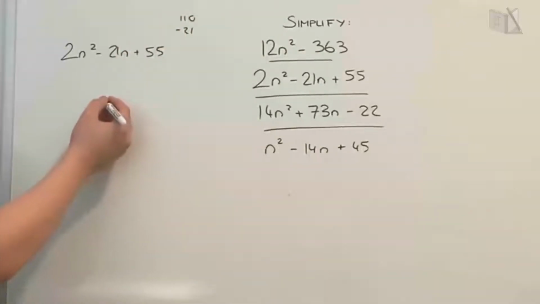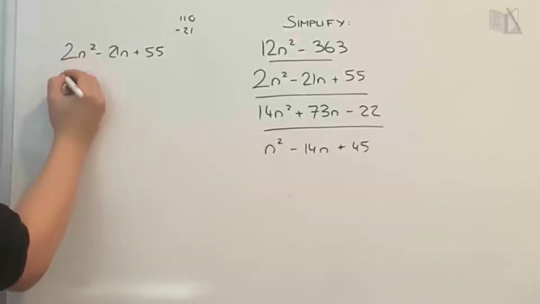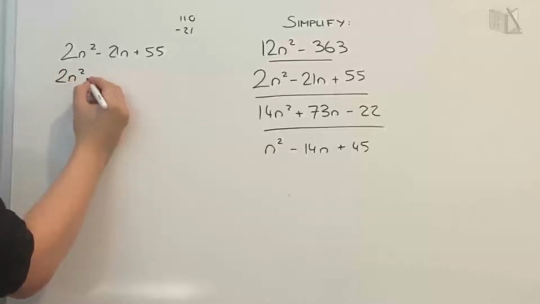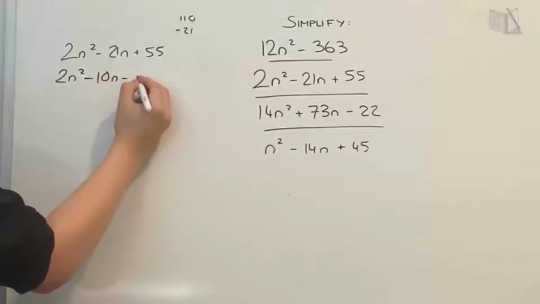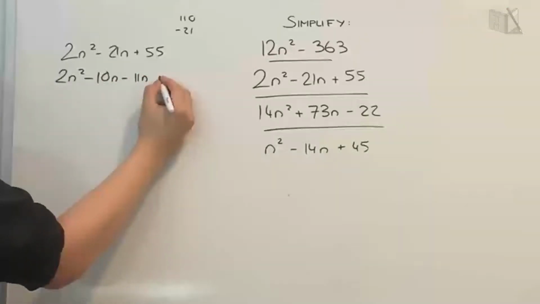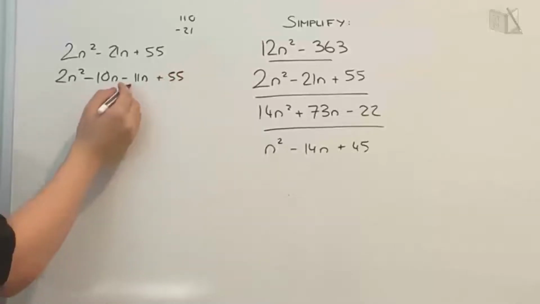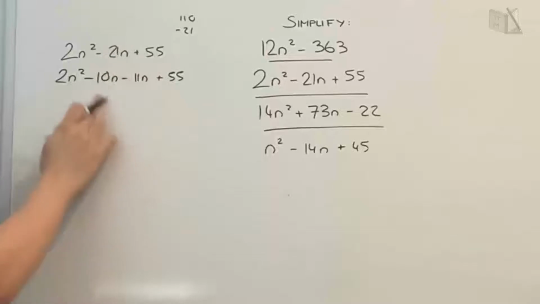I think the numbers we're looking for are minus 10 and minus 11, so I'm going to rewrite this expression a little differently to show my minus 10 and minus 11. All I've done is separate the minus 21n into minus 10n and minus 11n.